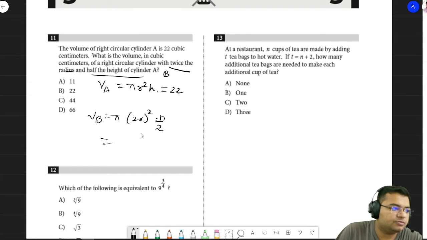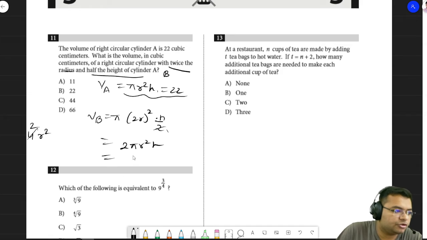If I solve this, 2r whole square will become 4r square, and this 4 will be cancelled by this 2 and will remain with a 2. So 2 pi r square h. Now pi r square h is 22, so 2 pi r square h will be 44.